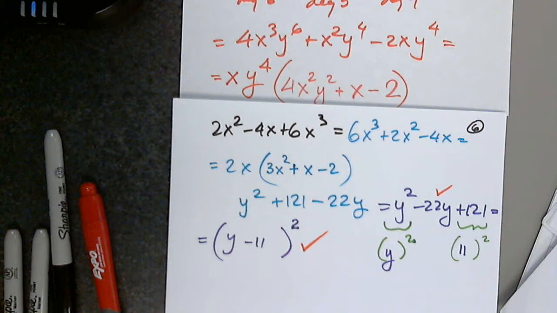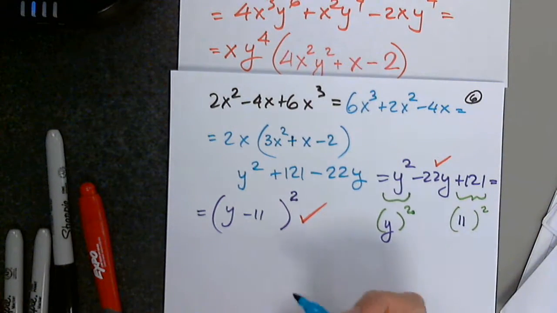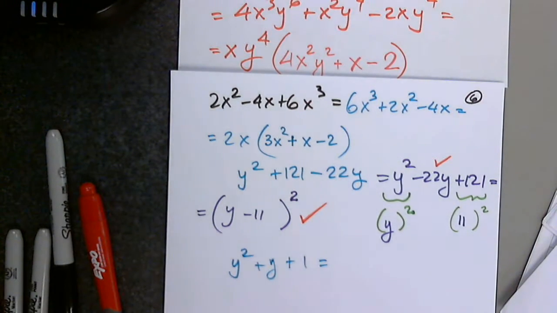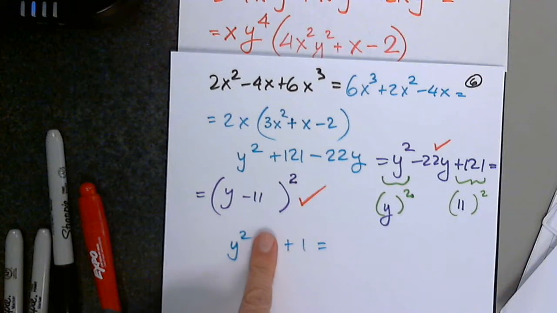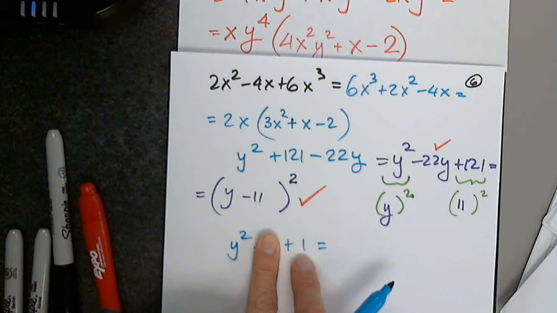It's not sufficient to only look at the first term and the last term without checking the middle term. So let me give you a counter example. Now I'm going to ask you to factor this. Let's say y squared plus y plus 1. You will say this is a perfect square. You will say this is a perfect square.